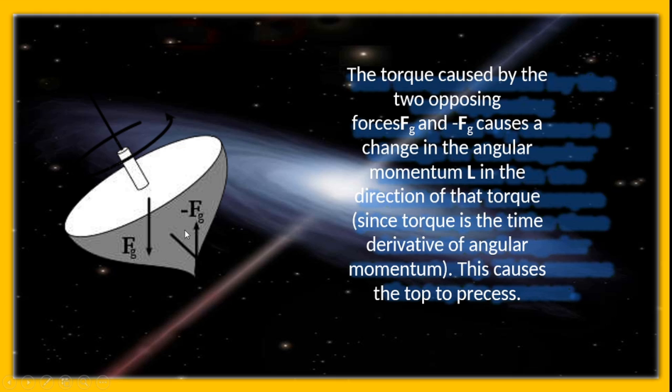The two forces Fg and minus Fg are in opposite directions to one another, because of which there is a torque, and hence the top precesses or spins in a circular motion.